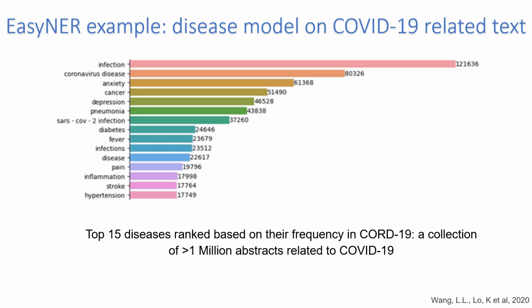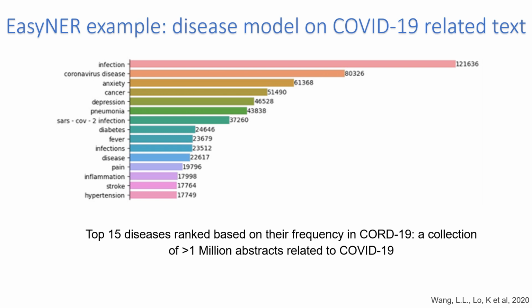So as an example of the output, this is deployment of the disease model on the COVID-19 related text. This is the COVID-19 dataset, which includes over 1 million abstracts related to COVID-19. And these are the top 15 detected results, but this is not it. You actually get a large file of all the detected entities that are ranked based on their frequency.